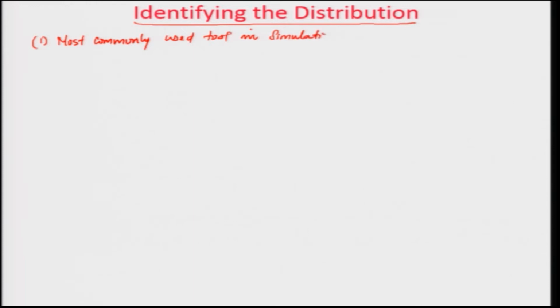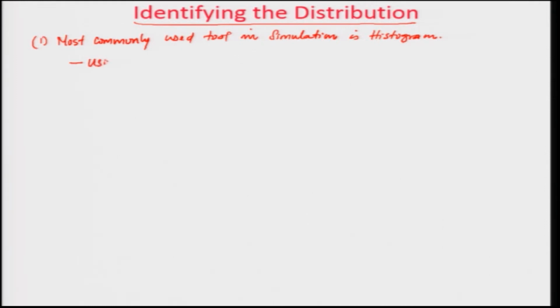We already talked about how to identify the distribution. First and foremost, the most commonly used tool in simulation is the histogram.